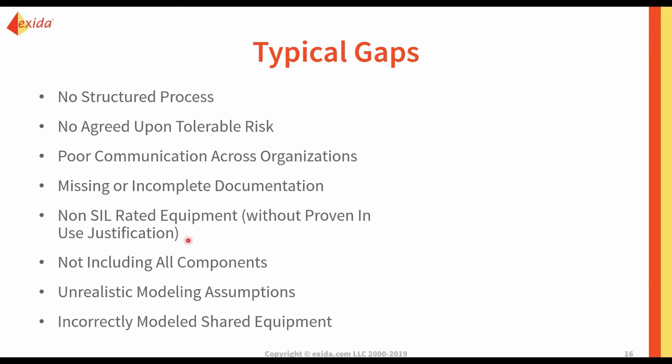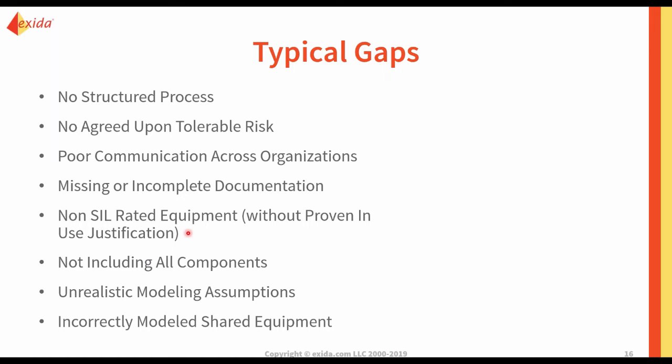Also, some of the things that we see from a technical perspective when looking at the SIS: sometimes non-SIL rated equipment without the proven in use justification, so equipment that hasn't had the systematic capability justified, is being used in safety systems. This can be an issue because when doing the calculations, it's very important to determine the failure rate of that component, and that's based on the failure rate of the individual components within the equipment.